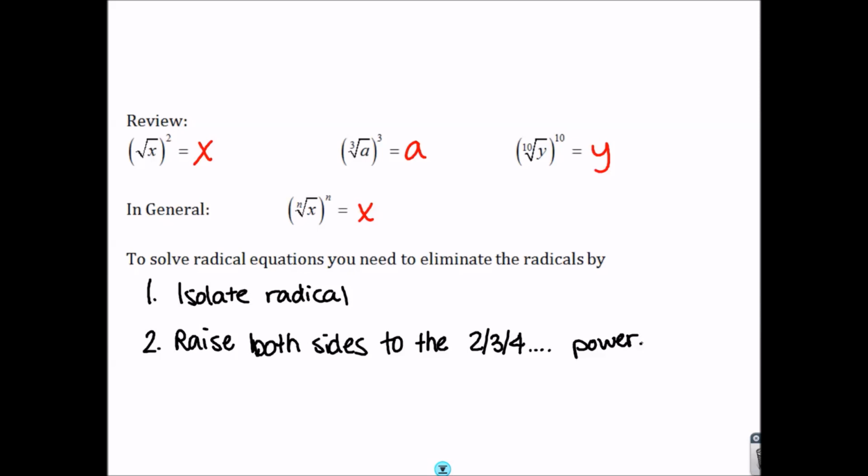And whatever the index is tells us what power we need to raise both sides to. Then we just finish solving.